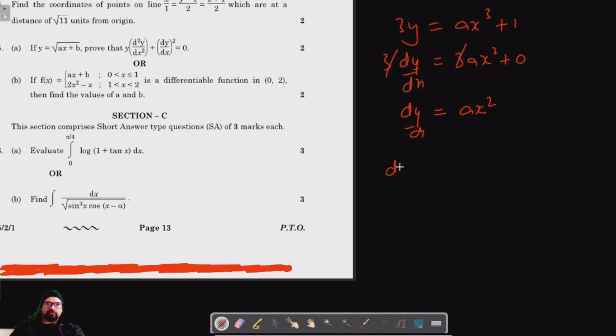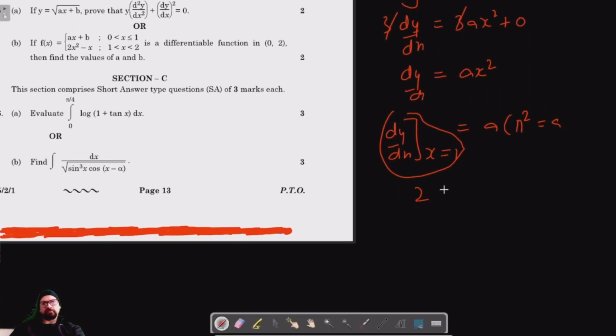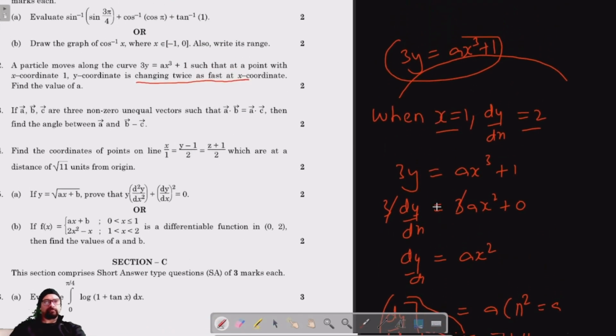Now the rate of change of y with respect to x when x is equal to 1 is a into 1 squared, which is a. But this is given to us as 2, so the value of a is 2.